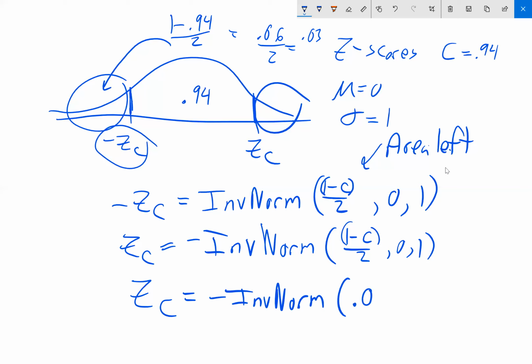So this is 0.03, comma 0, comma 1, and then we plug that into our calculator. If you forget the negative sign, it's really no big deal. Just remember at the end of the day, when you report a Z critical, it needs to be a positive number.